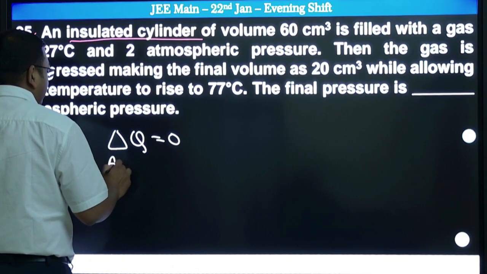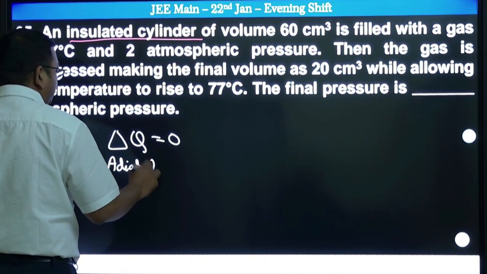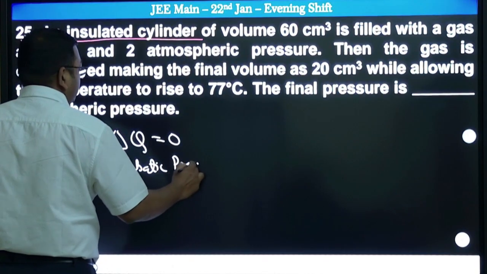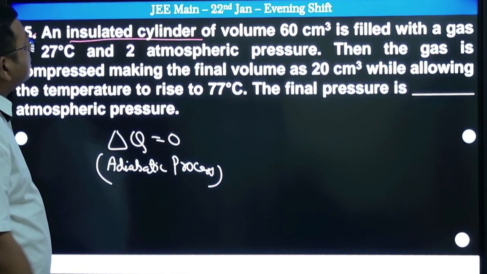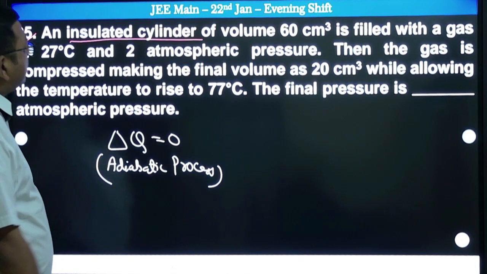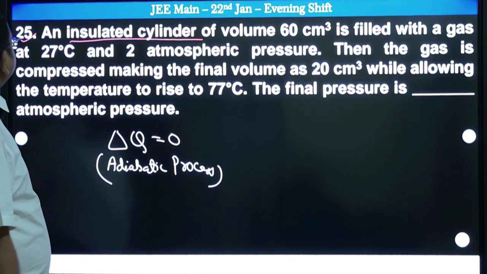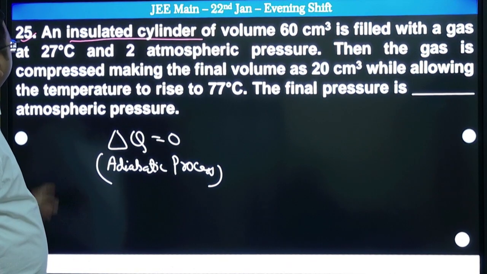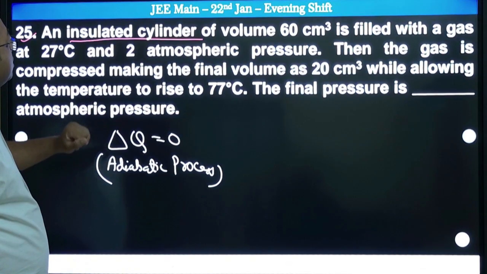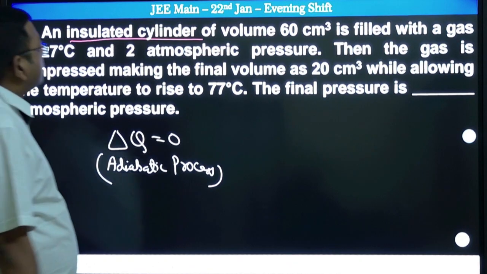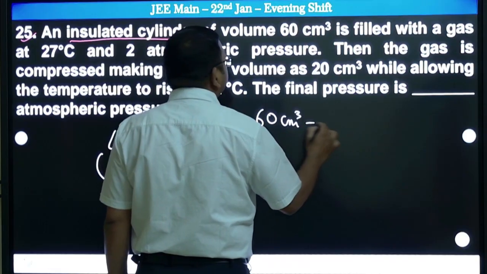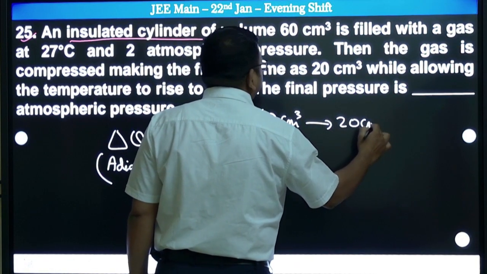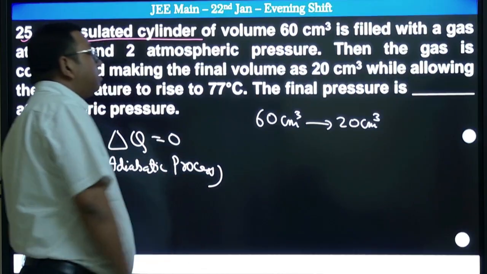So it is an adiabatic process. Once you get that it is an adiabatic process, then we can consider the temperature and volume relationship, while allowing the temperature to change and being compressed, right? So volume is decreasing from 60 centimeter cube to 20 centimeter cube. Volume is changing, right?